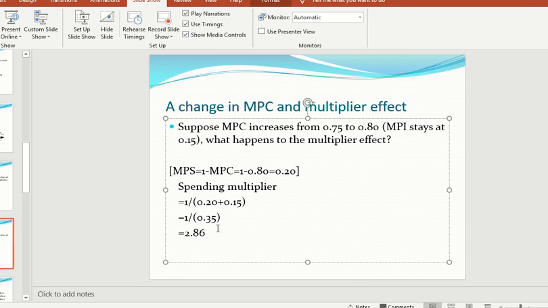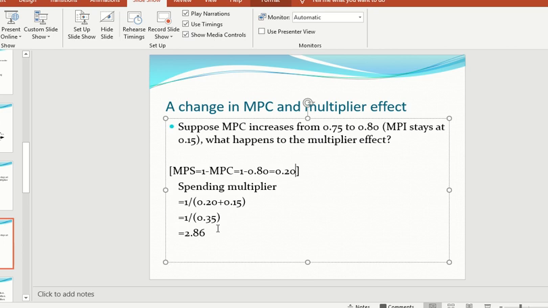So let's recall the story of Google. The whole reason we have the multiplier effect is because household members, when they experience a loss of income, cut down on consumption. So if we have a larger marginal propensity to consume, that means consumer households are more responsive to any change in income.